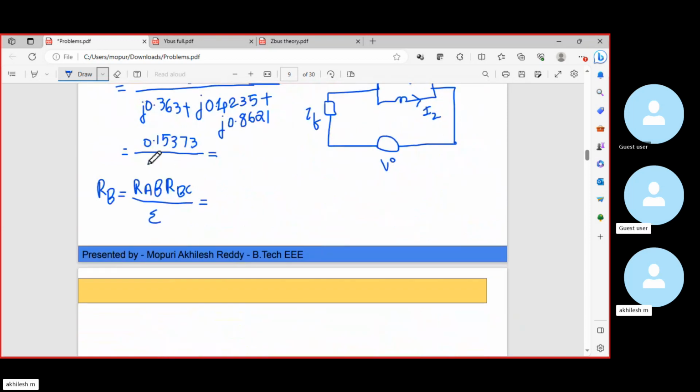Okay, J gets cancelled. Here there will be a J in the denominator and in the numerator J square will be minus 1. So this is again 1 by J, which will become minus J. Minus of minus will become plus. So plus J into the magnitude, 0.15373 by 1.6486.